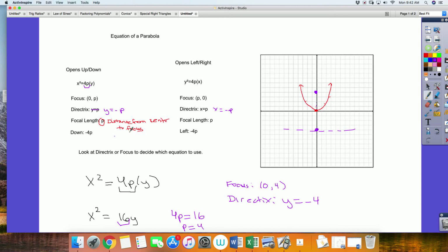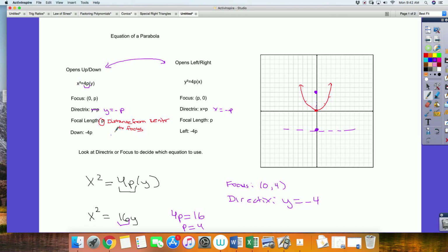So the main thing you have to be able to do in this lesson is identify, based on an equation, where is my focal length? And once I know my focal length, go up and go down to find my directrix and my focus. Now notice I have two equations here. This equation is for the up and down.